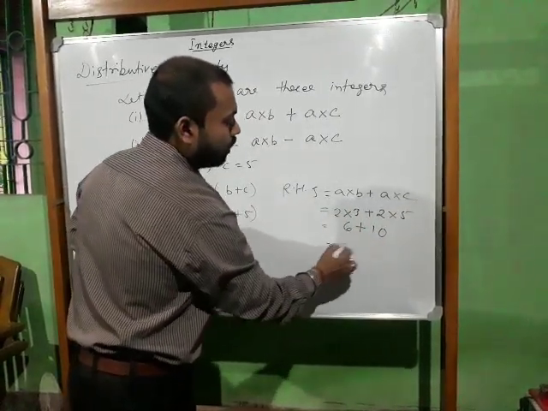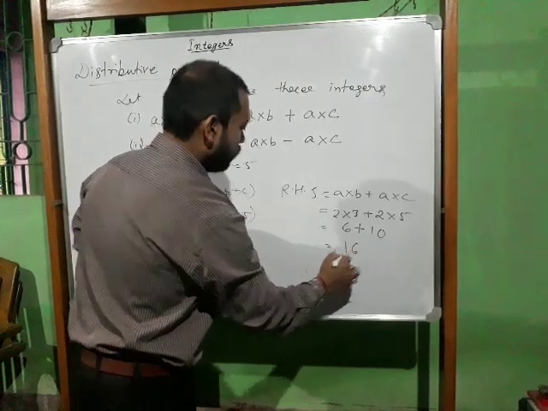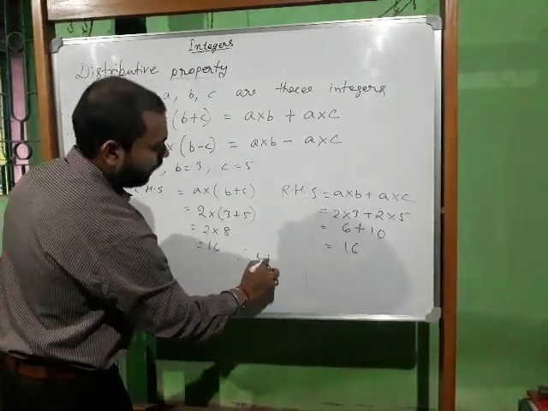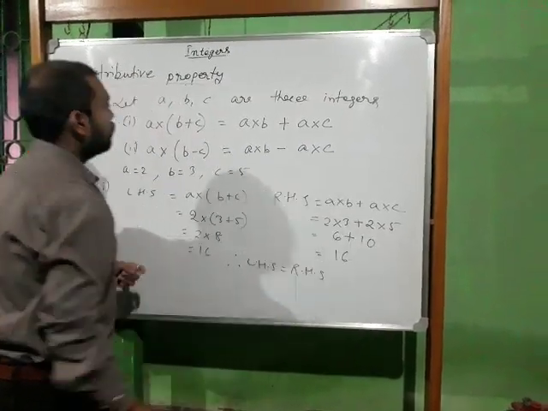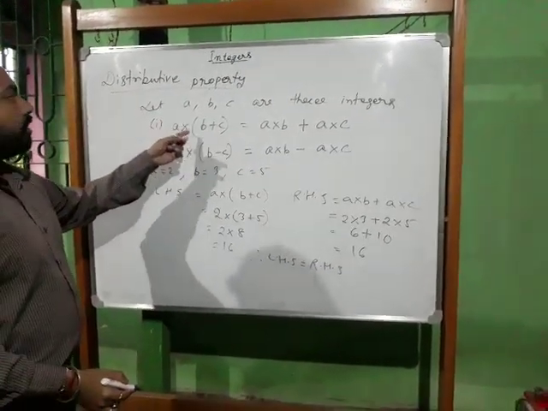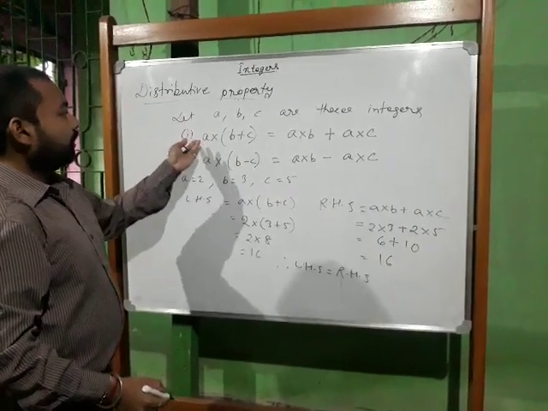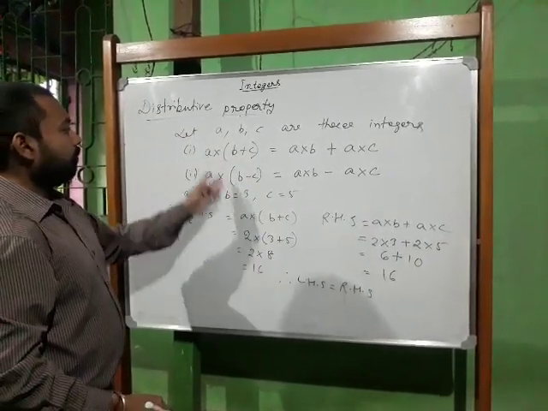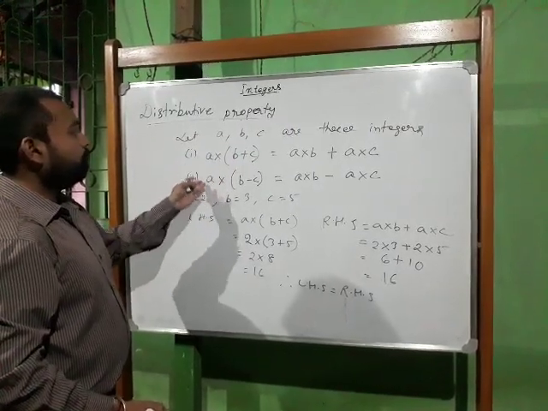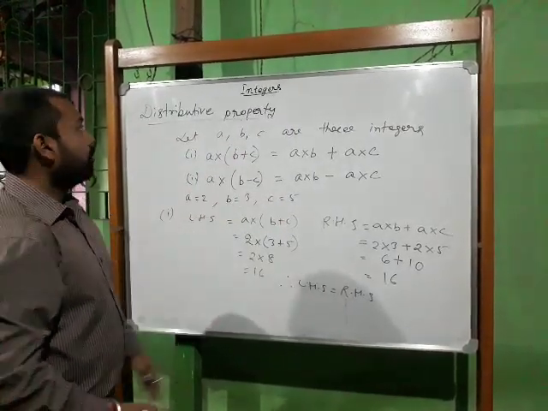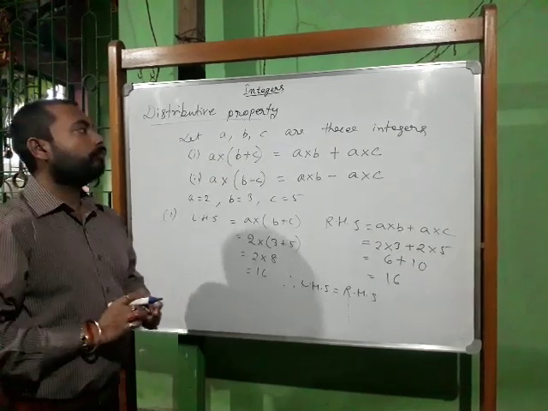Now we will add. 10 plus 6 is 16. Therefore we can say LHS equal to RHS. So the distributive property exists under addition. Similarly we can prove the distributive property under subtraction. So this is all about the distributive property.